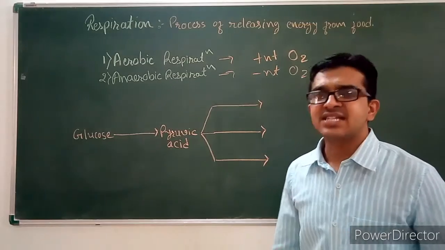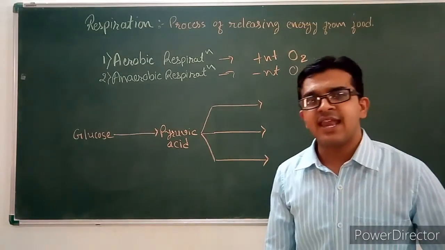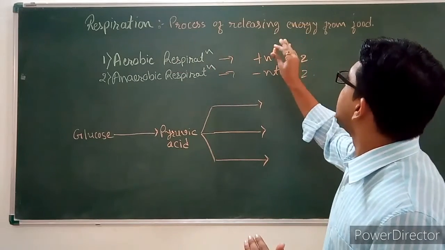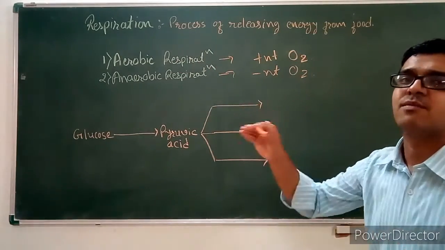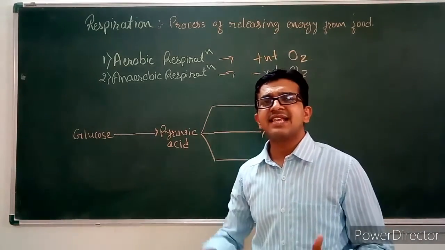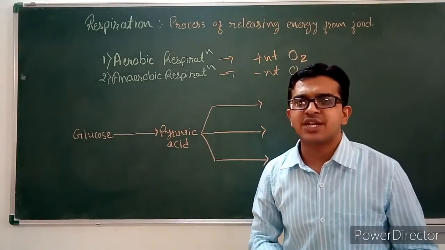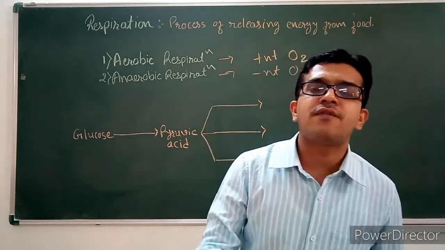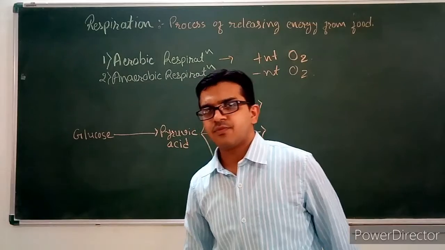Now, let's study aerobic and anaerobic respiration in detail. That means how the energy is released from the food material. Whether it is aerobic or anaerobic respiration, the first step is the breakdown of the glucose molecule.